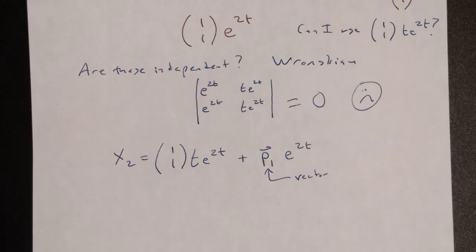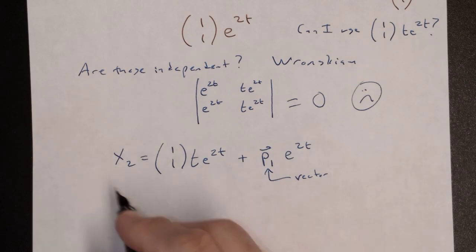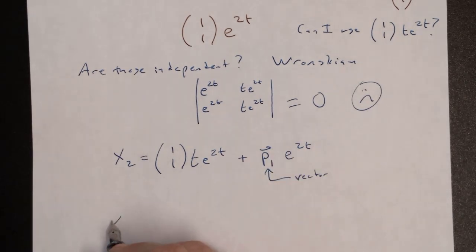But it turns out that I know something nice that happens. If this is a solution, what's the derivative of this? What's the derivative of t e to the 2t?